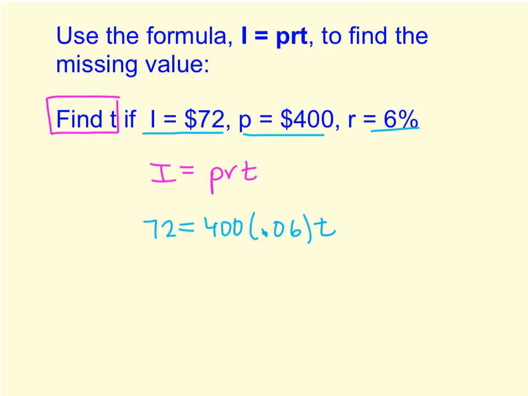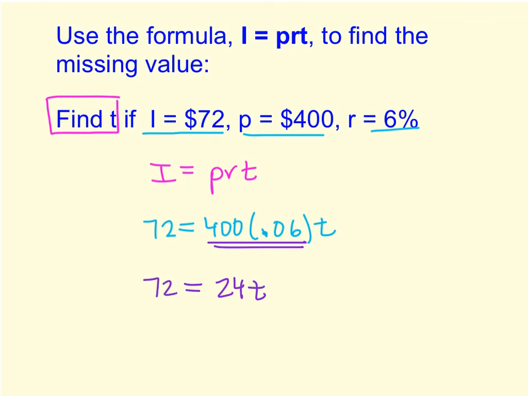What you're always going to do when you're trying to solve for one of these variables on the right side is you're going to go ahead and multiply the 2 numbers that you have. 400 times 0.06. And when you multiply that out, you get 24. We're going to just keep the T with that and carry down our 72.